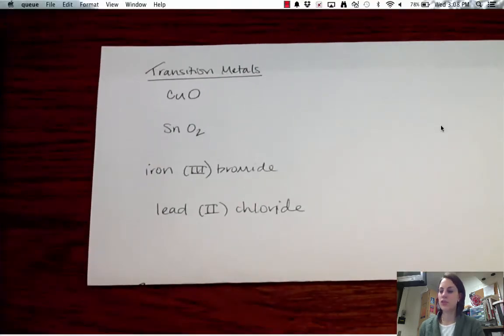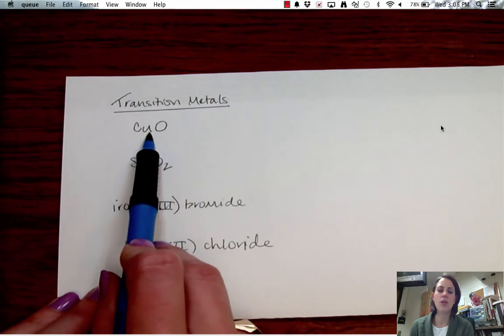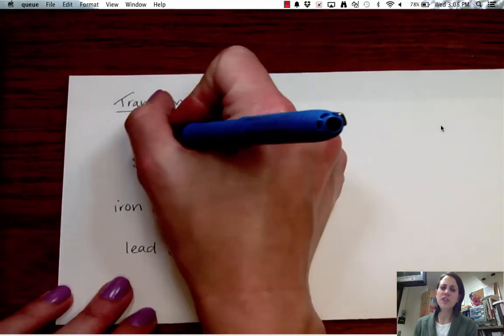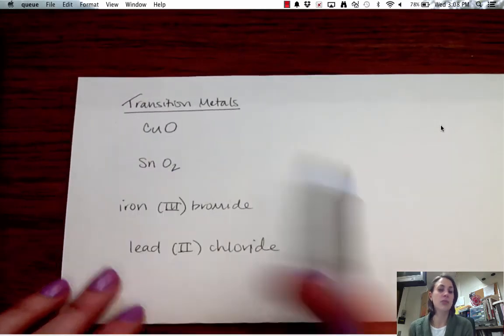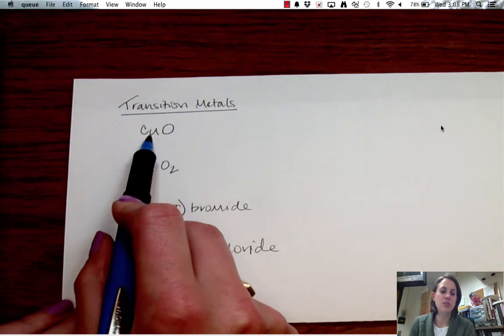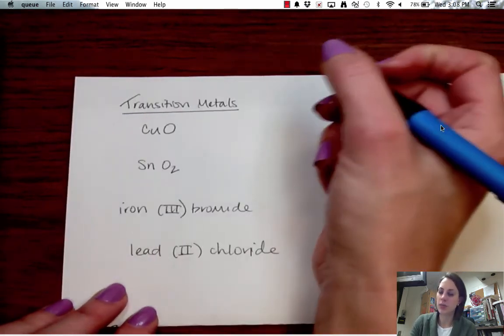I'll switch over to my document camera here, and let's do this first example with CuO. I want to draw the picture. The first question I should ask myself is, does it really need Roman numerals in the first place? Copper, we know, is a transition metal. It's not one of my exceptions, so it's probably going to need Roman numerals.